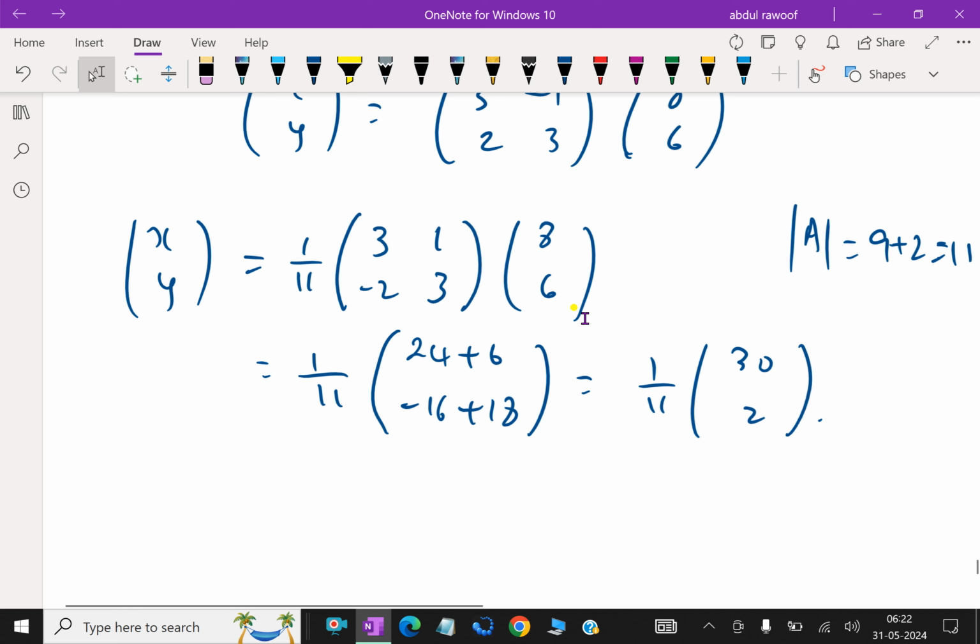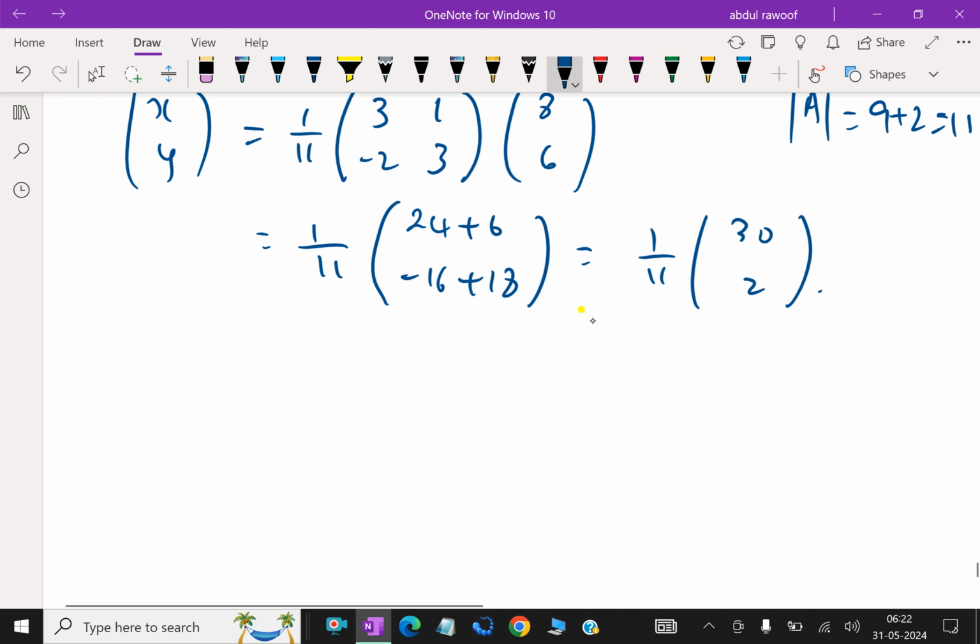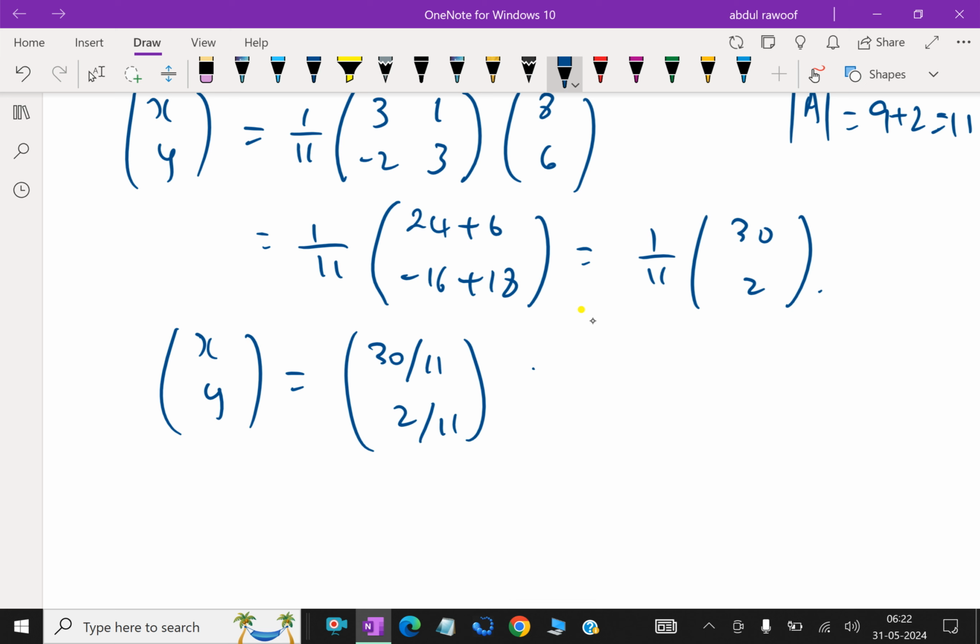Therefore x y equal to 30 over 11, 2 over 11. Therefore, x equal to 30 over 11, y equal to 2 over 11.